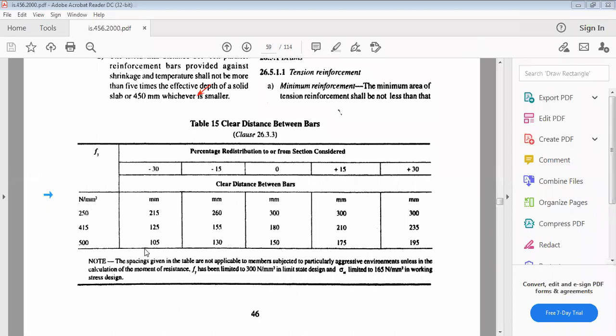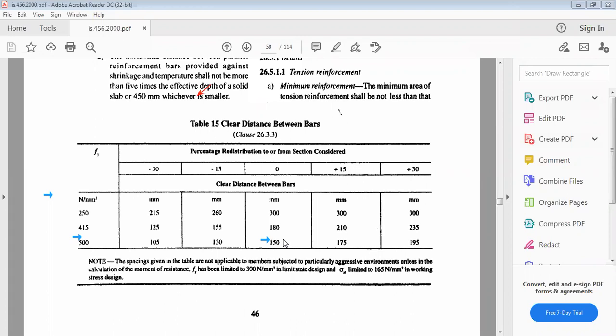This is table 15. तो मैक्सिमम स्पेसिंग जब आप बार्स के बीच में रखोगे, the maximum spacing has to be as per this. अब हमारा ग्रेड ऑफ जो स्टील है that is 500. तो if there is no redistribution during analysis, जब आप redistribution करते हो 0% redistribution आपने किया हुआ है during the analysis, जैसे आप moment distribution method में करते थे, then 150 mm should be the maximum clear distance between bars.